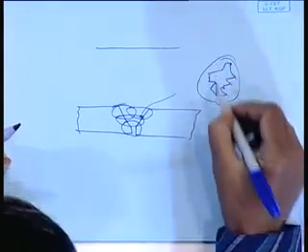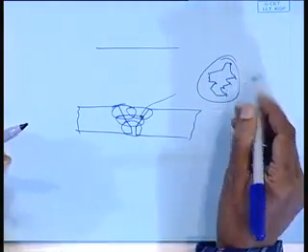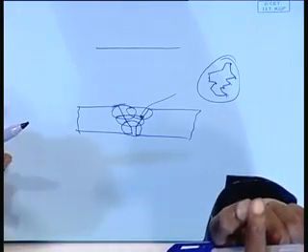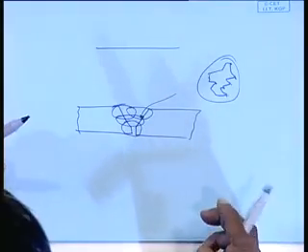These edges will behave like crack tips, and if there is a crack tip, it means chances of stress concentration. The moment there is a stress concentration, there can be a potential crack initiator, a location for crack initiation. So this is slag inclusion, again an internal defect.